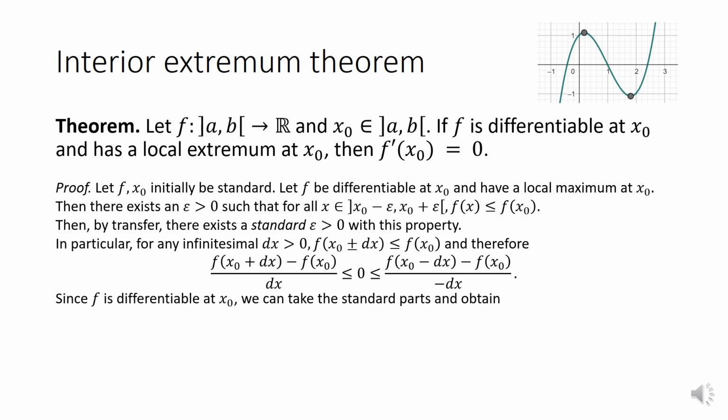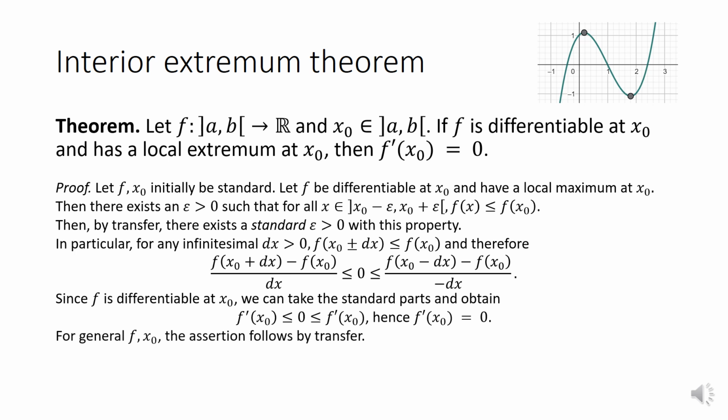Since f is differentiable at x0, we can take the standard parts and obtain f prime of x0 less than or equal to 0 less than or equal to f prime of x0. Hence, f prime of x0 is equal to 0. For general f and x0, the assertion follows by transfer.